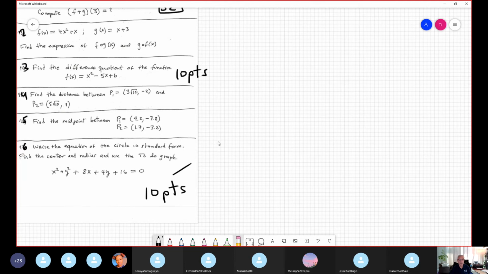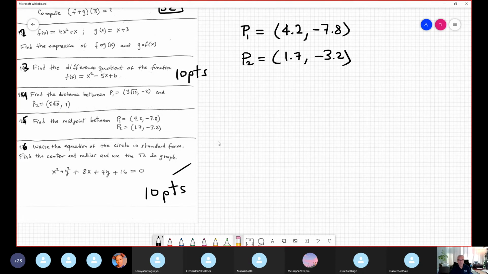Okay, so you have again two points: P1 is 4.2, comma, negative 7.8, and P2 is 1.7, comma, negative 3.2. They want you to find the midpoint. What is the formula for the midpoint?